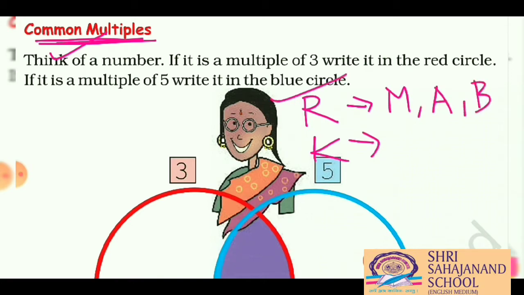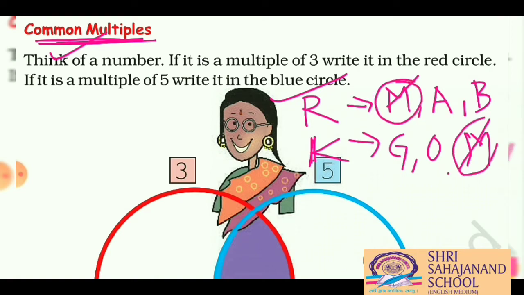Similarly Kishan has grapes, oranges and mangoes. Now you tell me, dear students, which fruit they have in common. Yes, they both have mangoes in common. So mango is their common fruit. Clear?